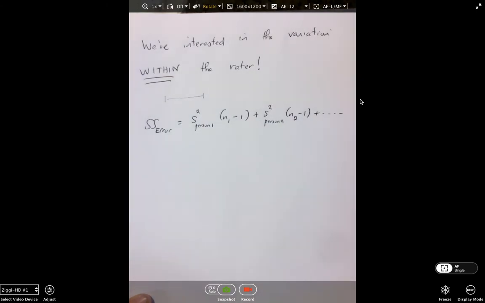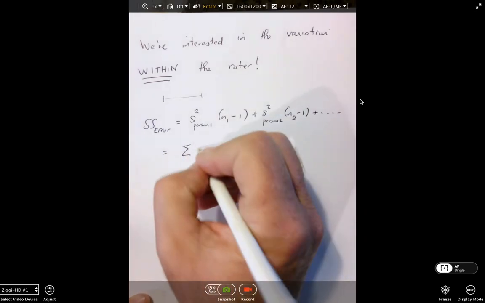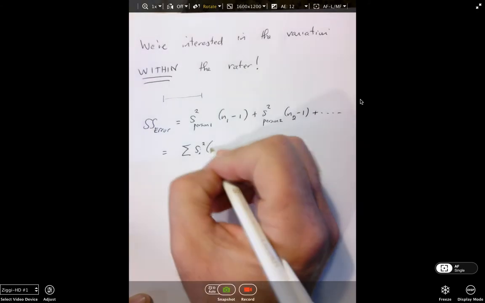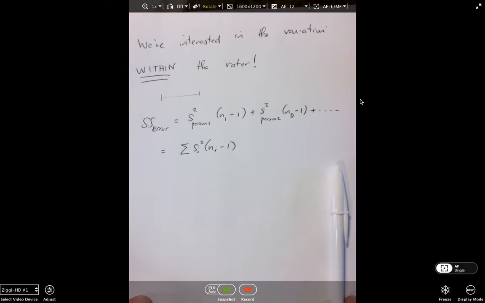Okay? And we should see clearly that this is the sum of the variances across each rater times the number of times they graded minus 1.